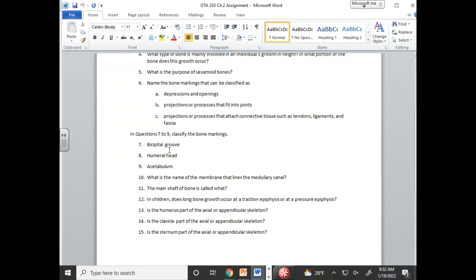It's like a ditch, sort of like a long depression in the bone. Humeral head. Projection. Right. That projection fits into a joint. So it's not just a projection. Okay, the humeral head goes a little further than that. Okay, the acetabulum.